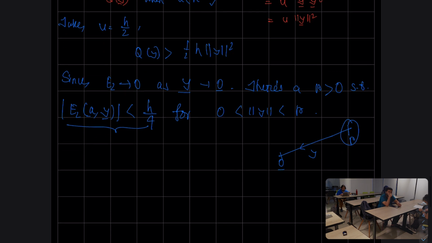It's now a matter of formally writing it. The only thing E2 had to satisfy is that it goes to 0 as y goes to 0. Nothing else. So you can choose a y such that it has a bound like this. Whatever bound you take on y, the error will be like that. You have control over the error.